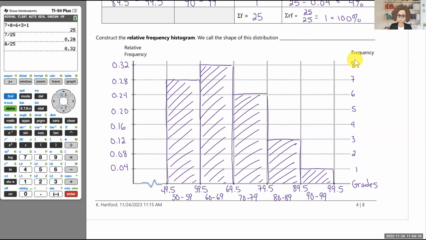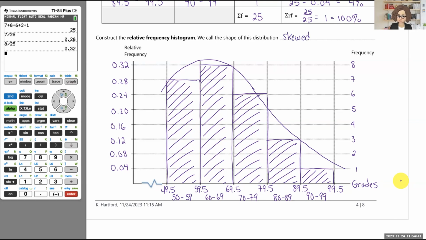All right, so in terms of shape here, I'm not very happy about how this class is performing actually, because it's looking like more low grades, and then it tends to taper off as I get to the higher grades. So in general, that shape, more of the data on the low end, and then it sort of tapers off as the grades get higher. So that shape is skewed.